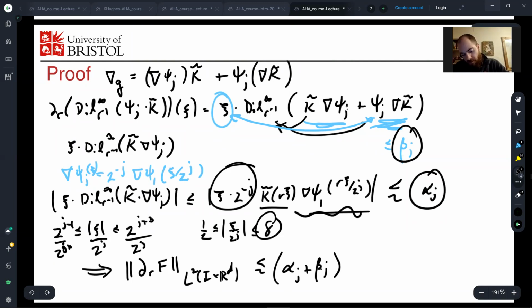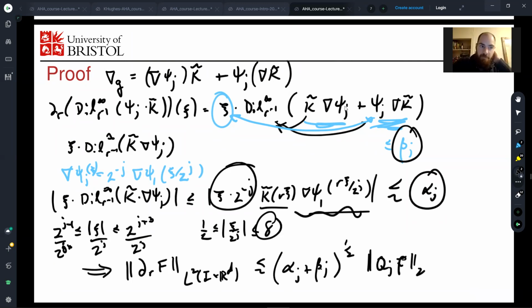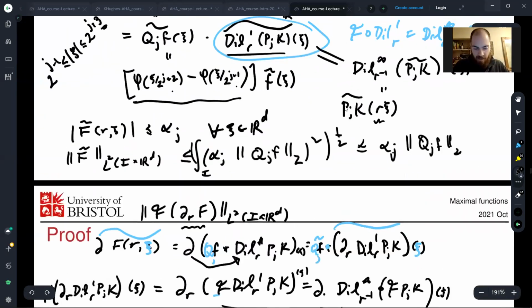And you end up getting the square root as you got for the alpha_j in the previous step times the L2 norm of f. Great. And that's Bourgain's lemma.